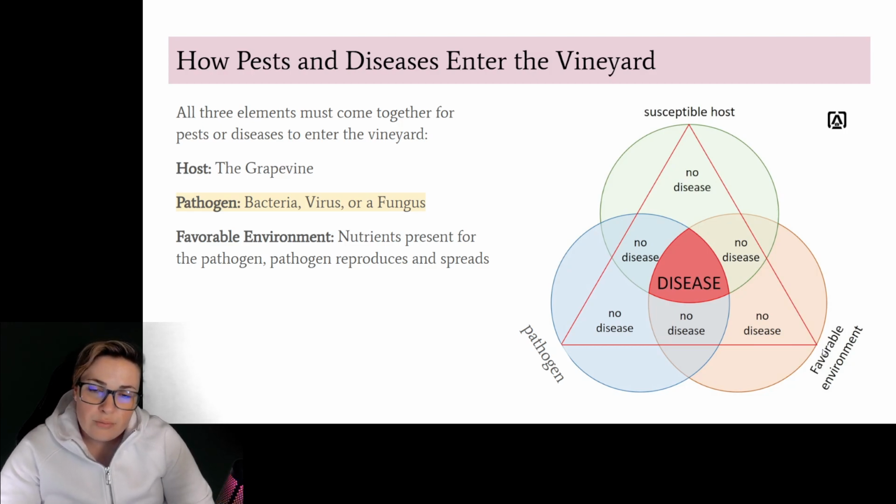So the nutrients are present for that pathogen, then the pathogen is able to reproduce and spread across the vineyard, right? So that is when you see disease. So just because you have the host and the pathogen does not necessarily mean disease, and likewise host, environment. All three have to come together, and that's what creates a disease situation.